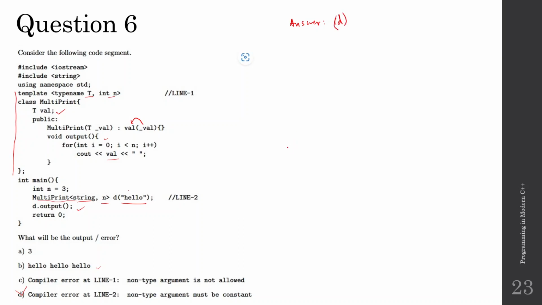So the answer is actually D. The compiler will throw an error at line 2, which says that non-type argument must be constant. So here n should be constant. Now let's say that n was constant.